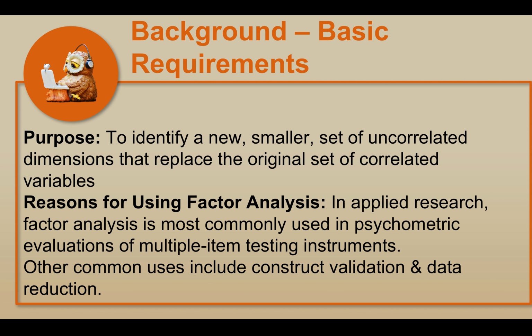But we can also use factor analysis to validate a construct in our instrument and to reduce the data that we're collecting from a pilot test to the actual administration of that instrument.